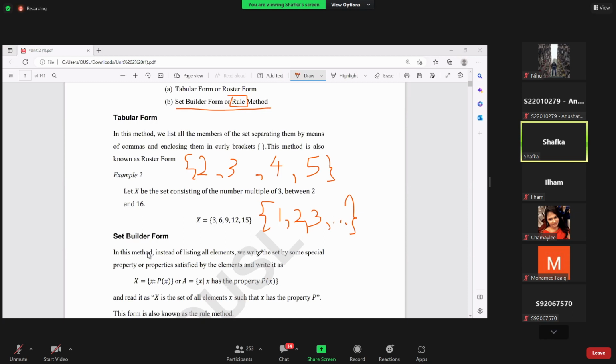Okay. Then can someone please tell me another example for tabular form? Or just type it in the chat.